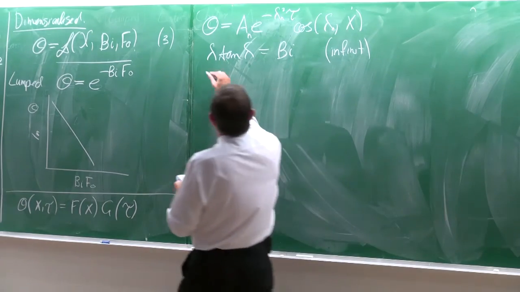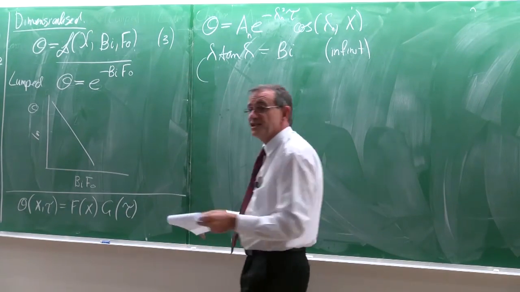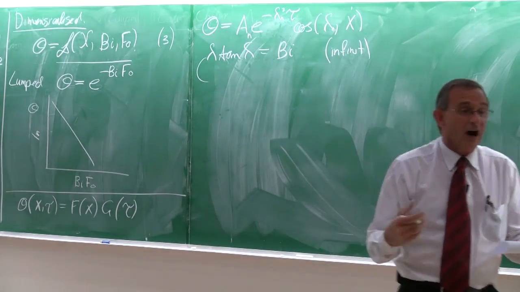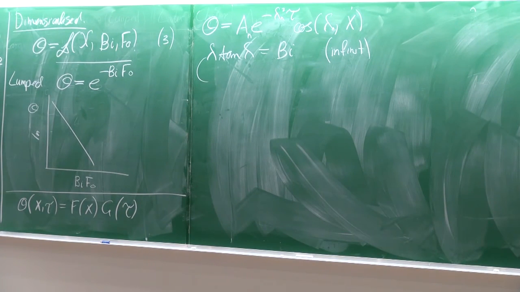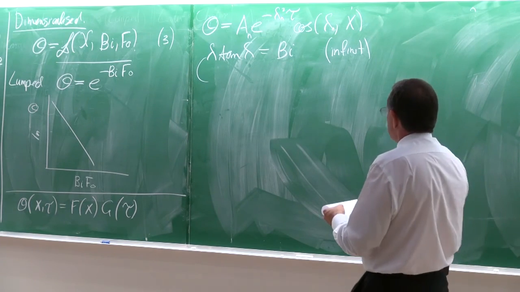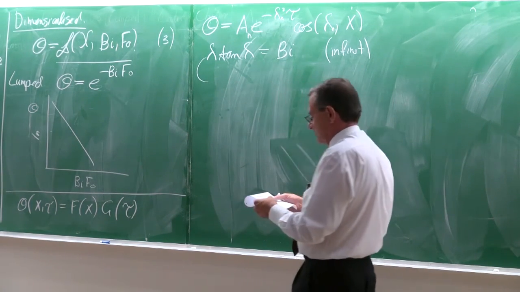Then this is called, I hope you remember, the characteristic equation, or the eigenfunction. Do you remember? And the roots are called the characteristic values or the eigenvalues.